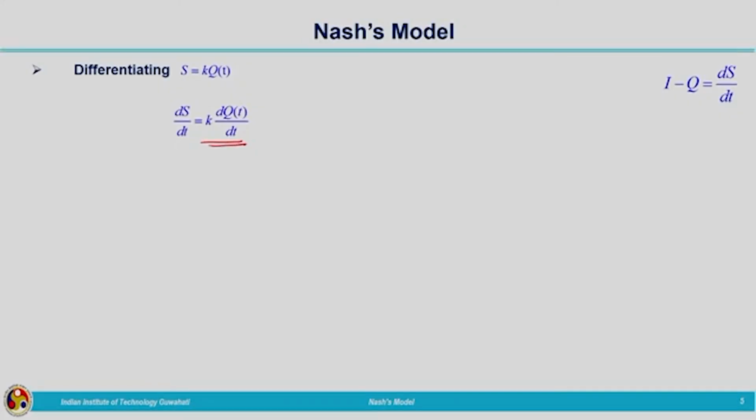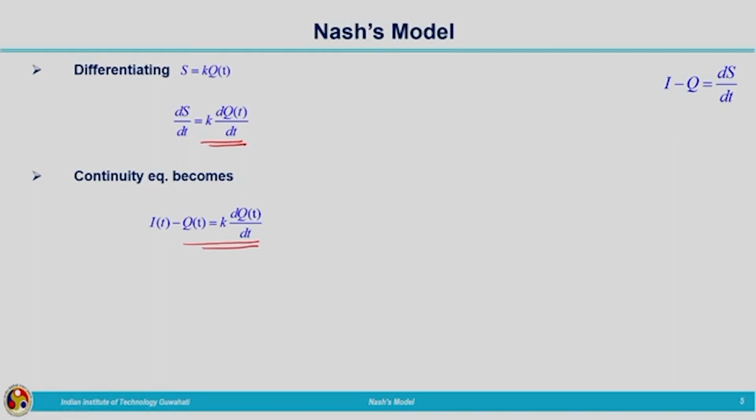Here we are considering the storage function S directly proportional to Q, considering the system as a linear reservoir. The same procedure can be utilized in any of the rainfall runoff models for carrying out hydrologic analysis. So, we have found the expression for dS/dt, and we will substitute it in the continuity equation. So, our continuity equation becomes I(t) minus Q(t) is equal to K dQ/dt. What is our aim?